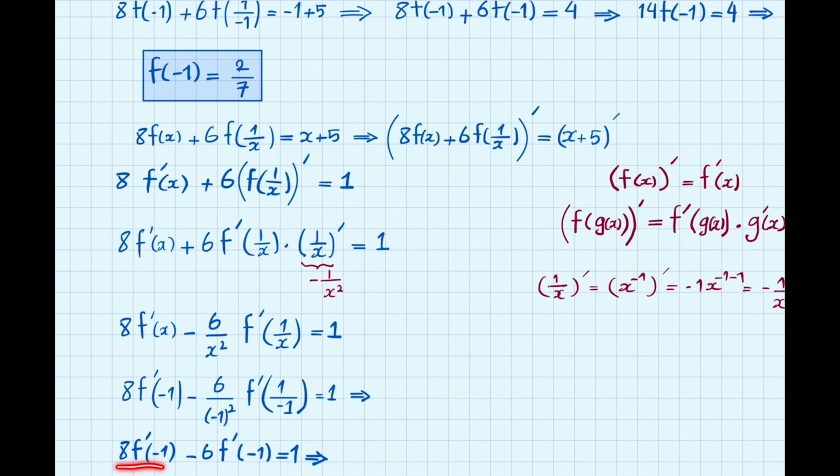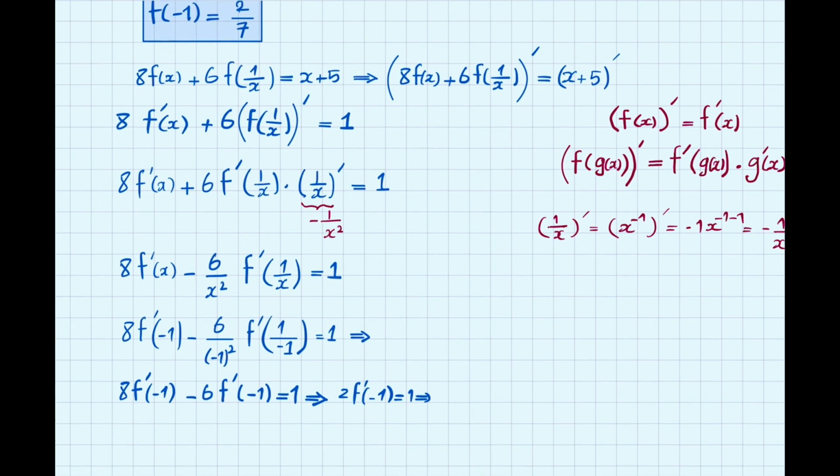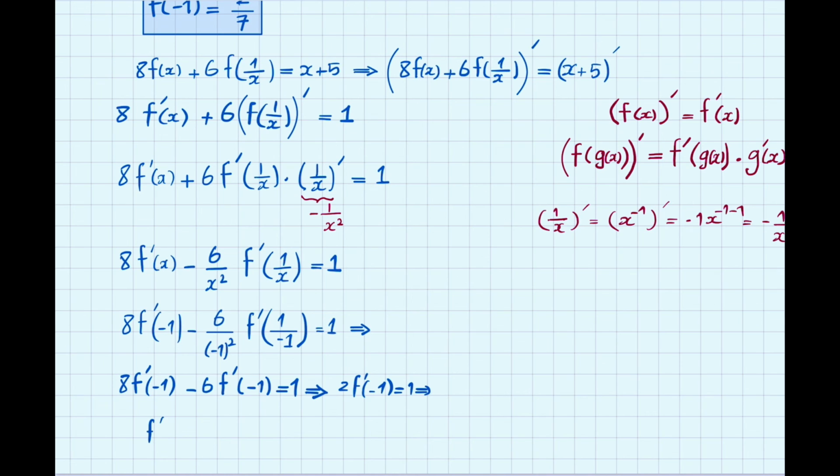Yes, I have 8 of it. 8 f prime of minus 1 minus 6 f prime of minus 1 just becomes 2 f prime of minus 1 is equal to 1. And then what I get is f prime of minus 1 is equal to 1 over 2. So that is also something that I needed and I was able to find.